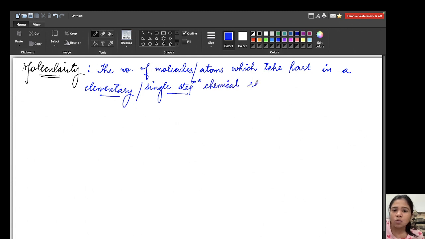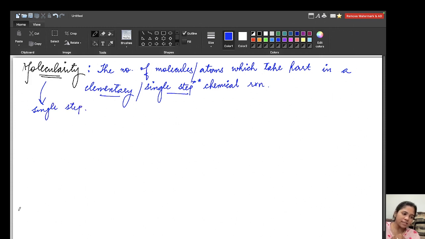What is it telling you? Number of molecules or atoms which take part only in a single step. So molecularity is only defined for those reactions which have a single step. Okay. Next, now what is an elementary reaction? So this concept is particularly only for single step reaction.